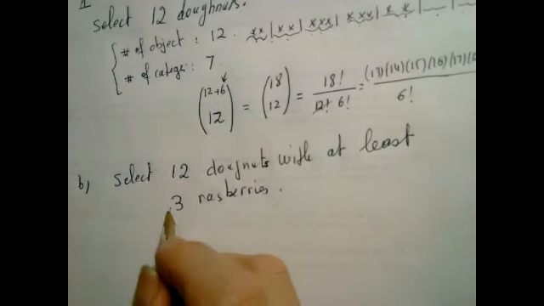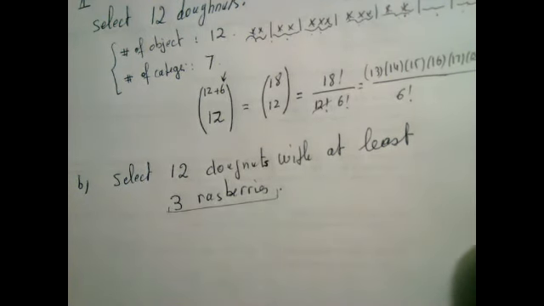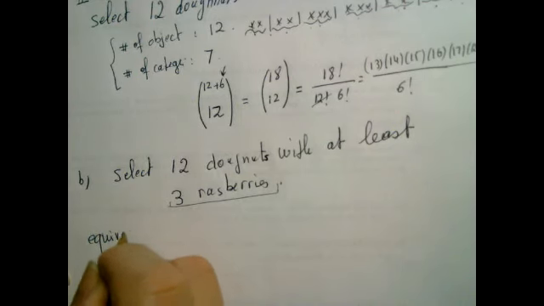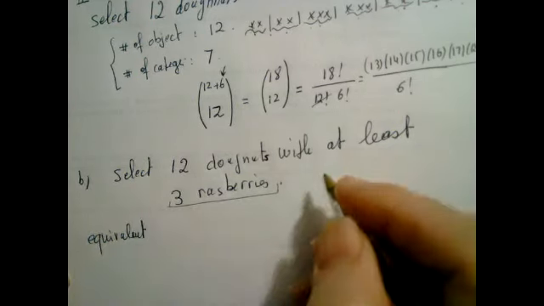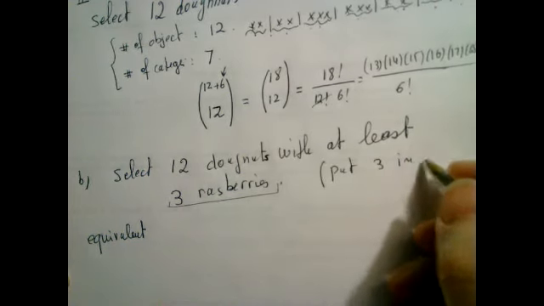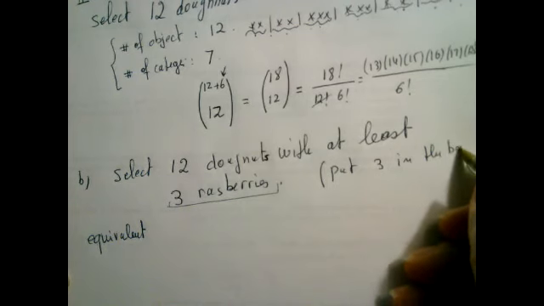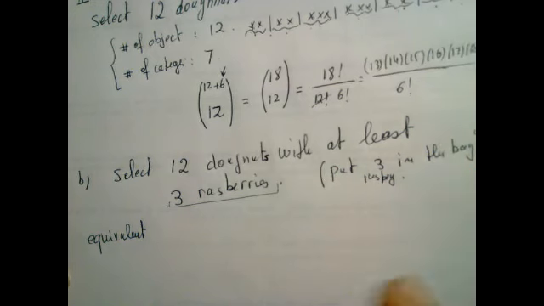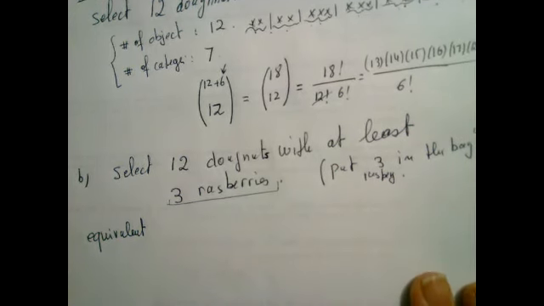So if I took care of the 3 raspberries, how many do I still have to choose? Here on the side, put 3 raspberry in the bag. Okay, and then how many types were there?